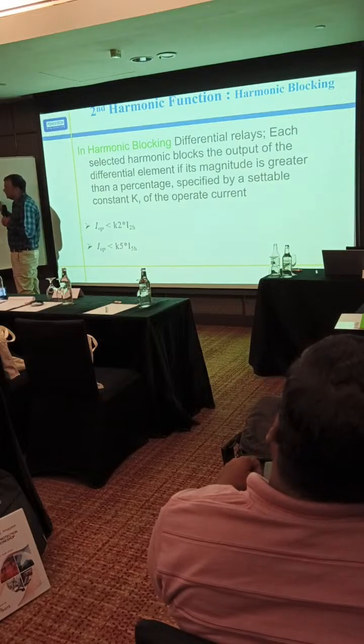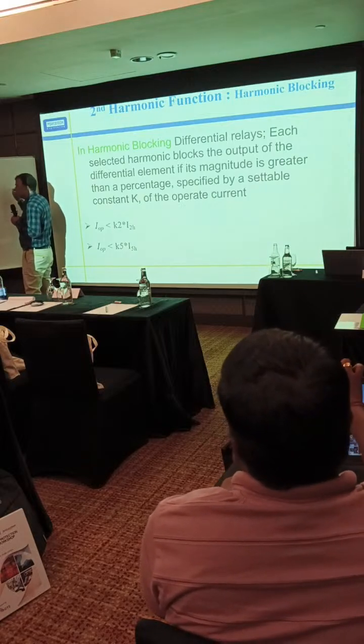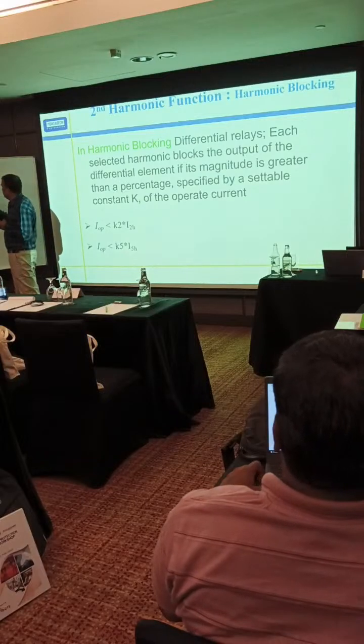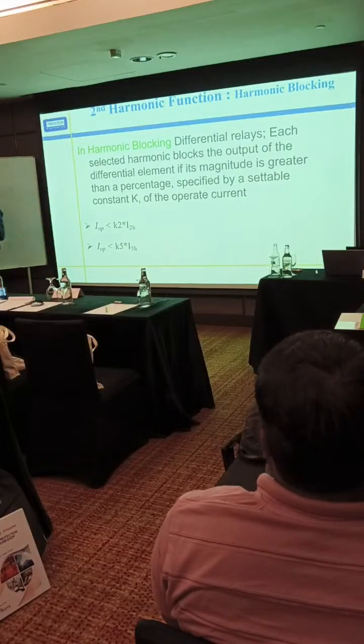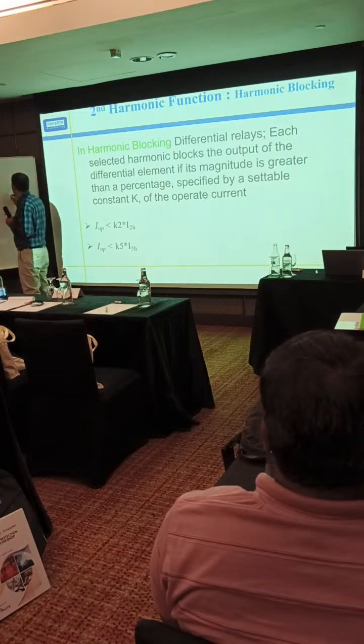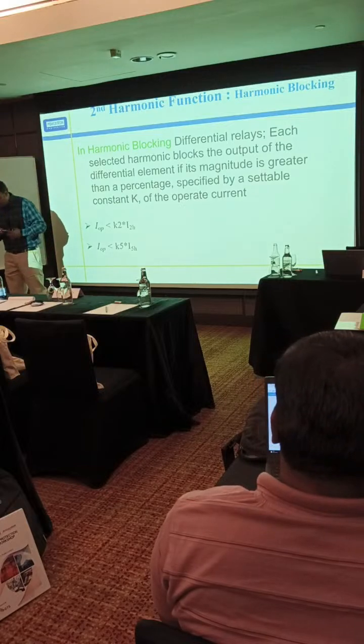Although the fundamental operating current is more, if this harmonic is present, then the relay will block. It should be more than this setting. So maybe we can put it to 0.8. We have increased the differential current more.